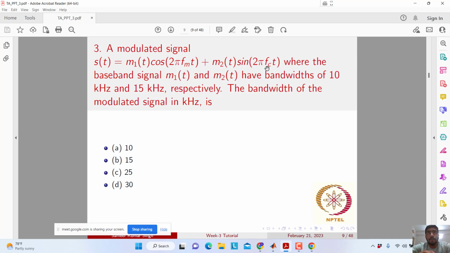It would be fc, not fm. Question is clear?